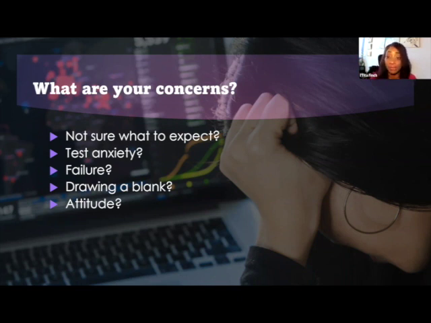Some may experience varying degrees of test anxiety. Test anxiety, if not managed, can impair one's ability to problem solve and answer more difficult questions, because it limits your brain's ability to recall learned information, right? So that's big. Anxiety is going to have an adverse impact on your ability to recall the information you study.